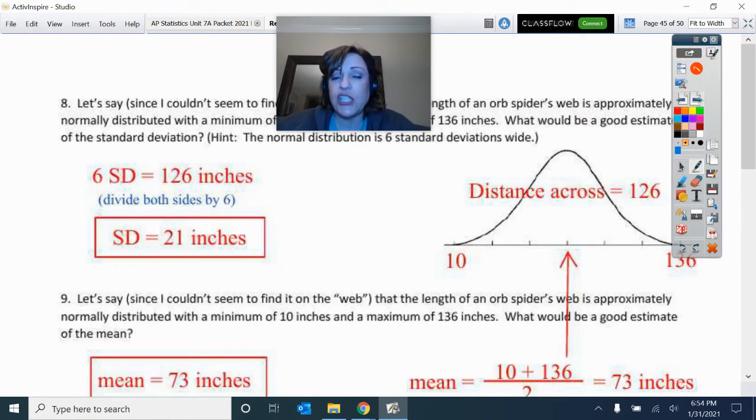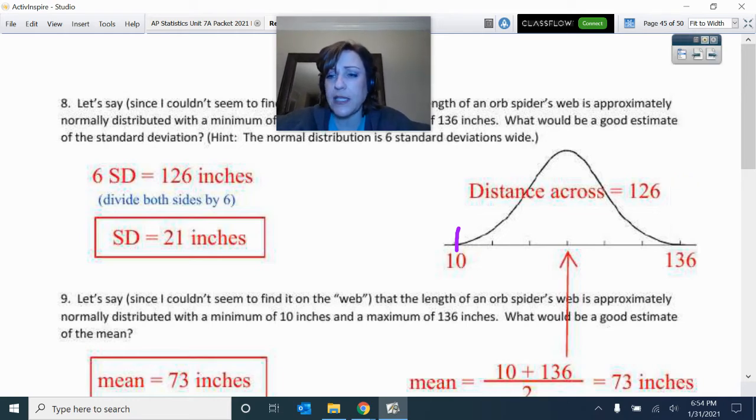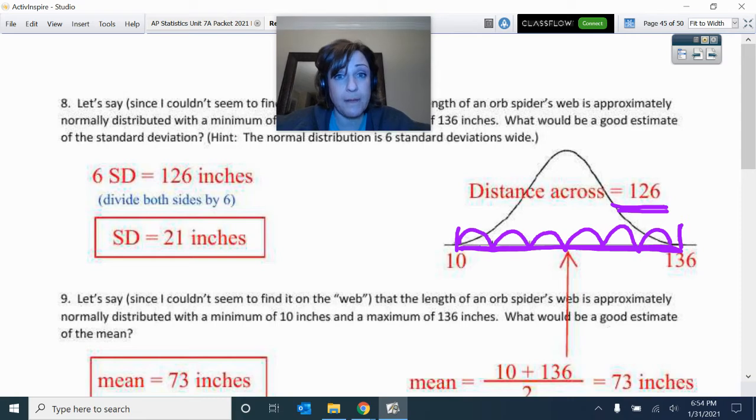All right. Next, this question was a little bit different. We were given the minimum and the maximum, and then we were asked for an approximation for the standard deviation. Well, I did give you a hint. From the min to the max, it was 126 inches wide, and you know that on the standard normal model, it is 6 standard deviations wide.